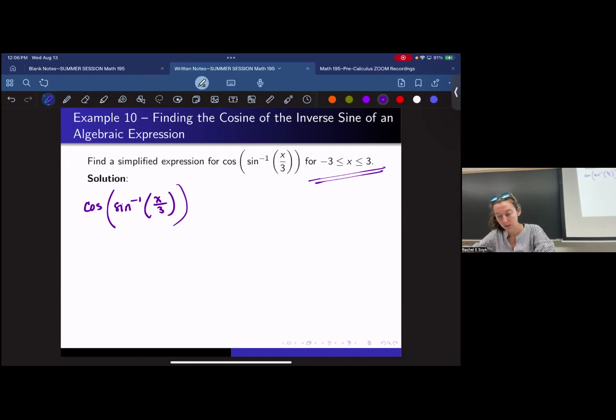Okay, so again, let's really break this problem up. This sine inverse of x/3, we're going to let that be theta, which means eventually we are going to find what our cosine of theta is to get our final result.